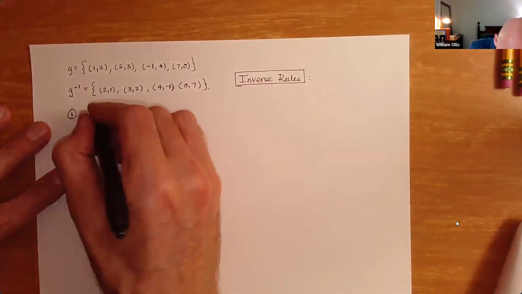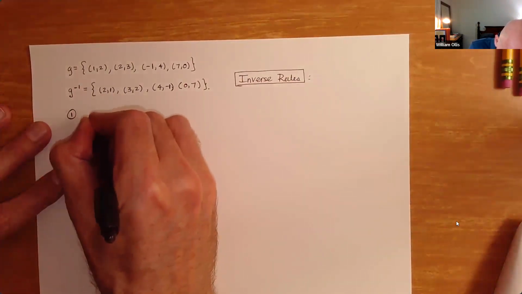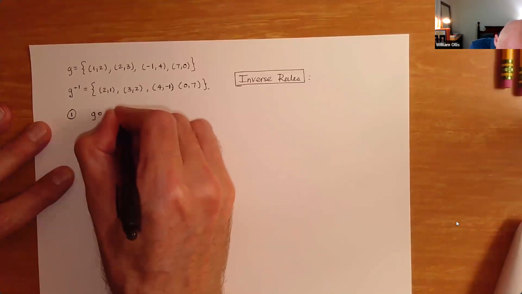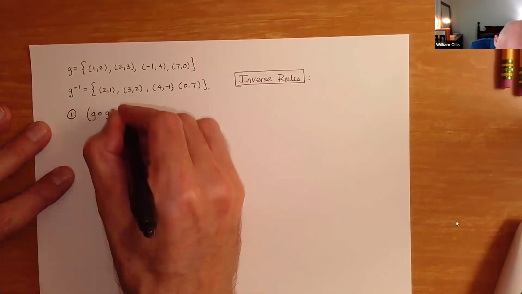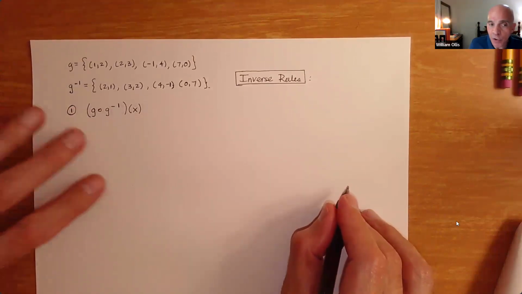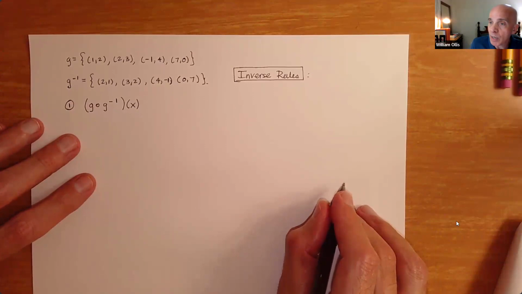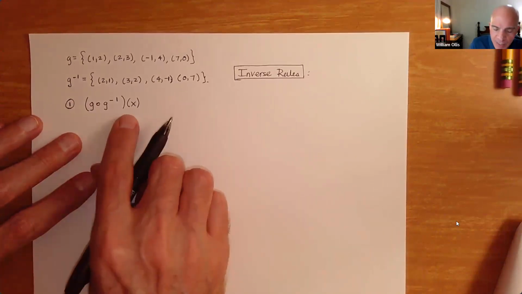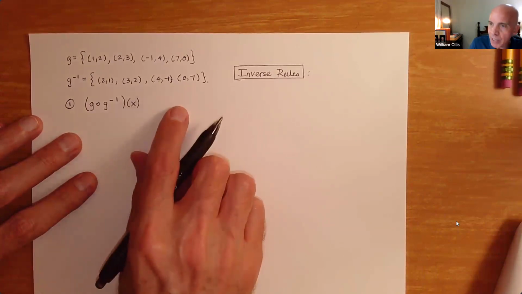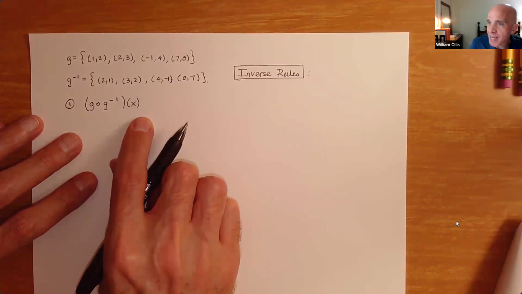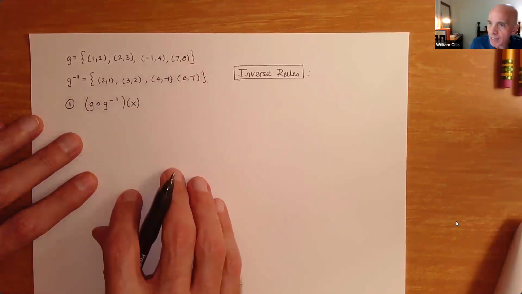So we could say G composed with G inverse of X, again writing all of the independent variables in terms of X for simplicity. We don't always do this, but for the very simple example here, we're always going to assume that the independent variable is X just for the sake of writing these.